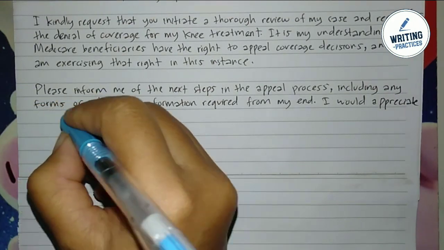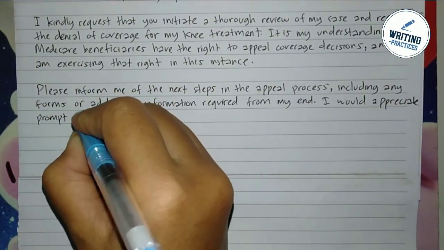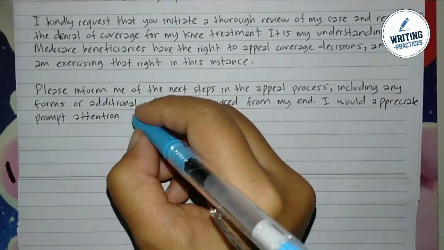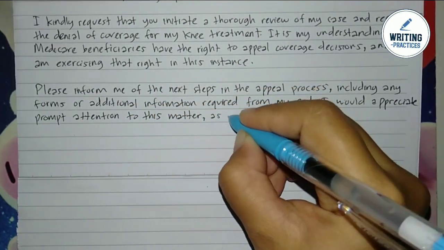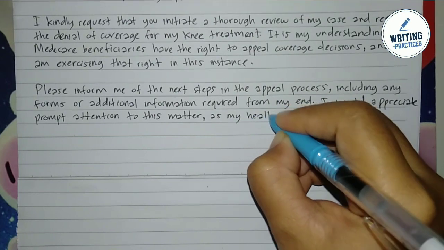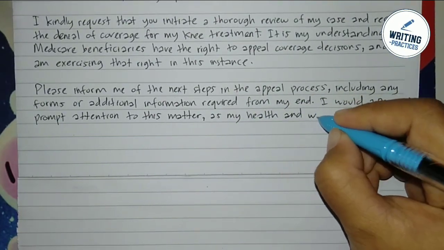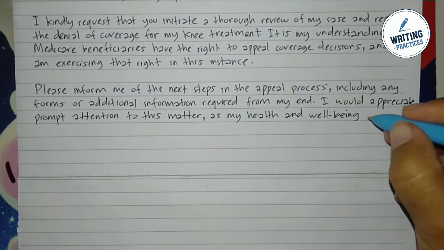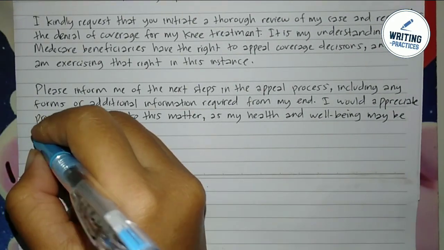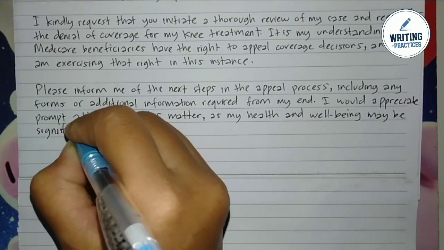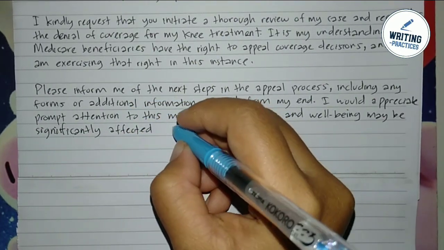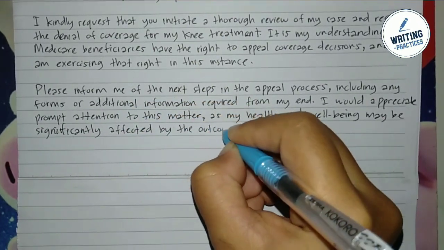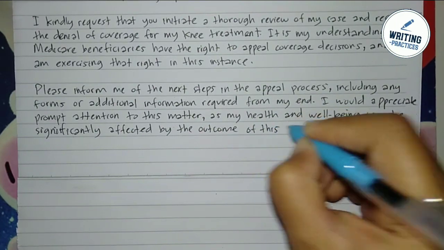You can write, "I would appreciate prompt attention to this matter, as my health and well-being may be significantly affected by the outcome of this dispute." Yes, you need to mention how important it is for you to get the medical coverage. So you need to convince the recipient.